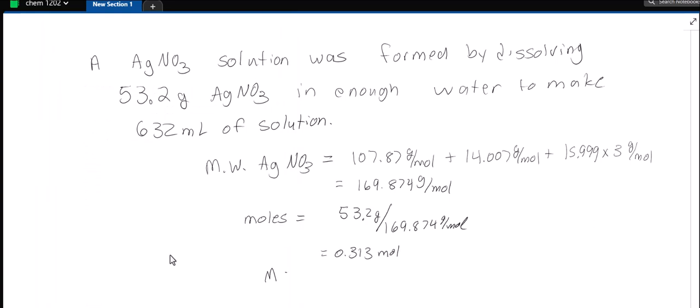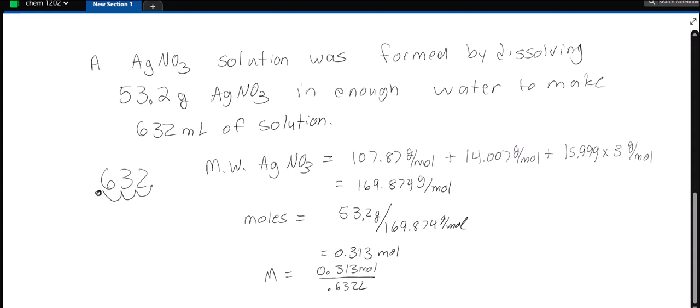So my molarity is my moles of solute, 0.313 moles, over my liters of solution. It was given to me in milliliters. To turn milliliters to liters, I divide by 1,000, which is the same as moving the decimal 3 places to the left. 0.632 liters.